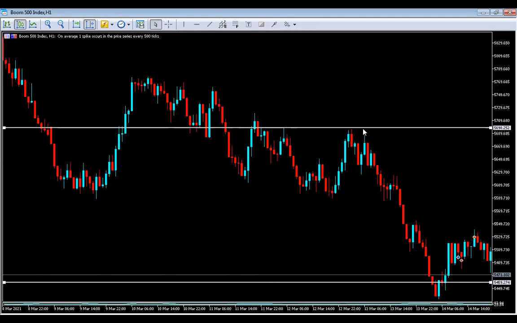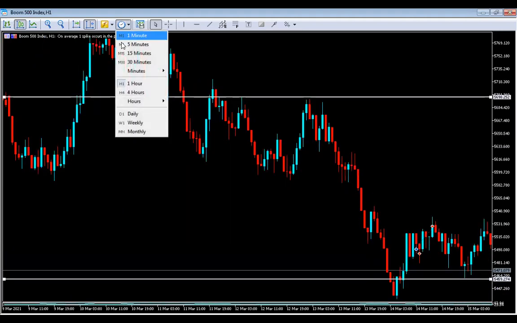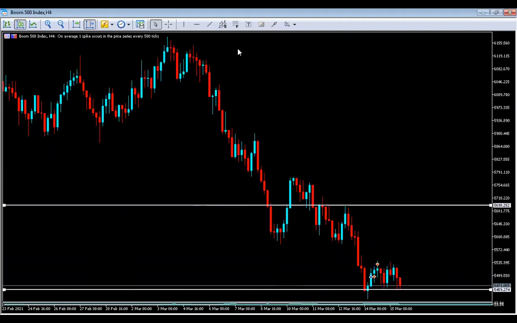That's because if we remember on our 4-hour chart, it is a bearish market. That's why you always hear people say don't trade against the trend, trade with the trend, because the trend is your friend. As long as it's selling, you should always look forward to more selling than buying.